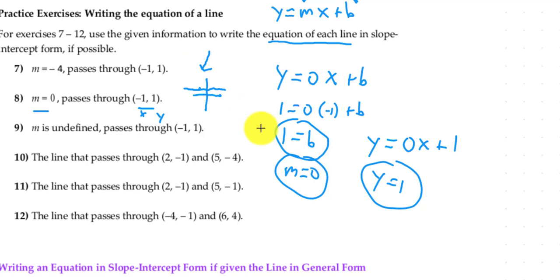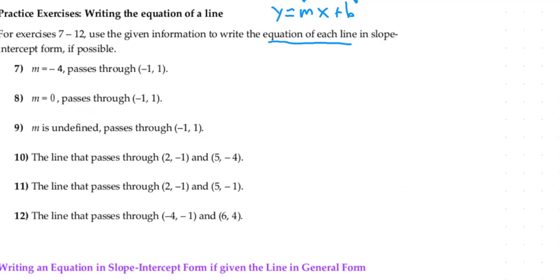Let's try number 11. Okay, so for number 11, they did not give us m, right? So we have to find m, then we need to find b. All right, so how do we find m? Well, we're given 2 points, so I can do y2 minus y1 over x2 minus x1.